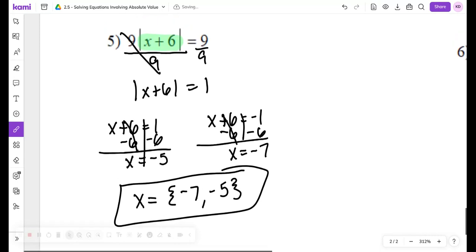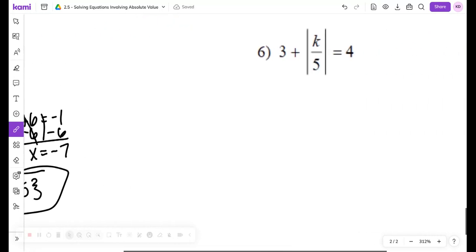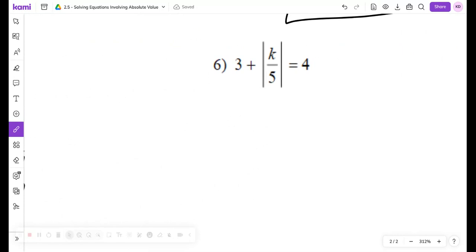All right, pause and work on your last problem. Here's my last problem. My absolute value bars are not by themselves. I need to get them by themselves. So I need to move this 3, minus 3 from both sides. So I have the absolute value of k over 5 is equal to 1.